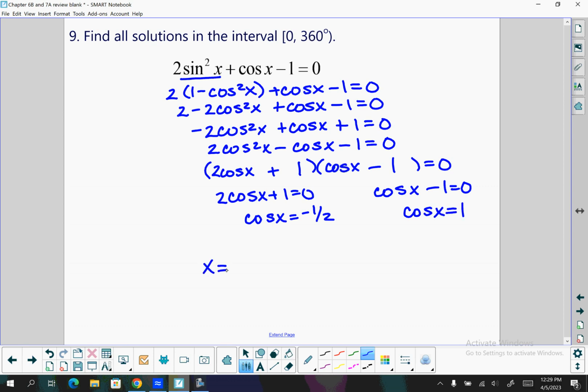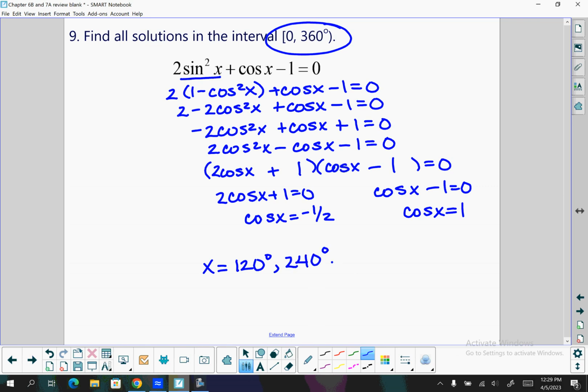So at this point, we find our answers on our unit circle. Remember, we are in degrees for this problem. Where in degrees does cosine equal negative 1/2? 120. Yep. And then there's one more, 240.